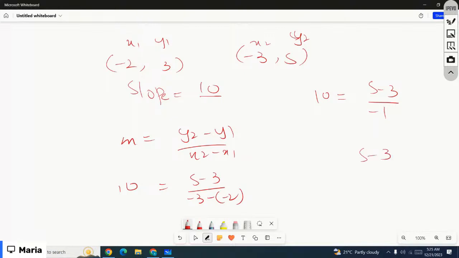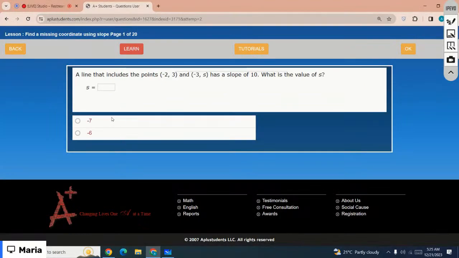So s minus 3 equals negative 10, and s equals negative 10 plus 3. That means s equals negative 7. So the missing coordinate is negative 7. Basically, you have to use the slope formula, and since you are given the slope, you solve the equation for the missing variable, right? So s equals negative 7 is the correct option.